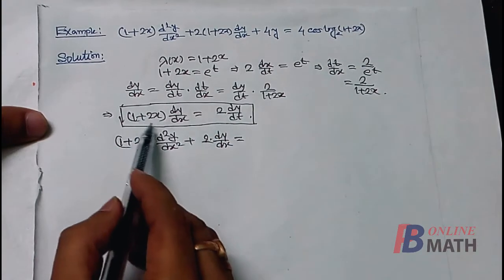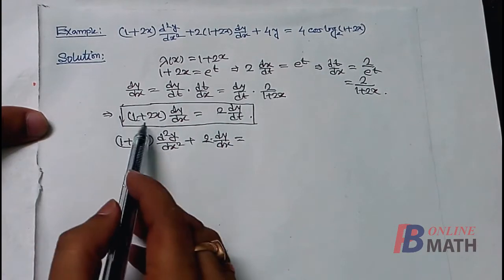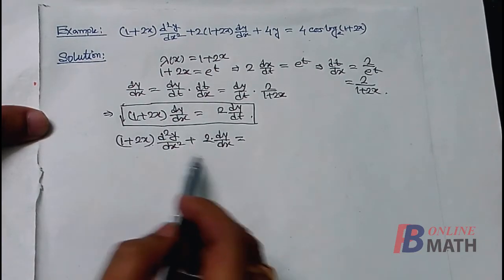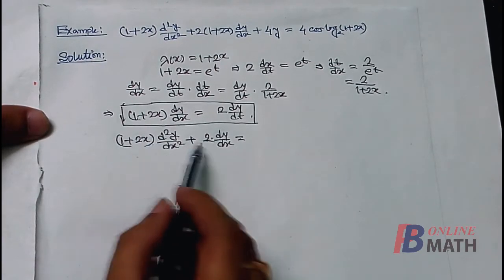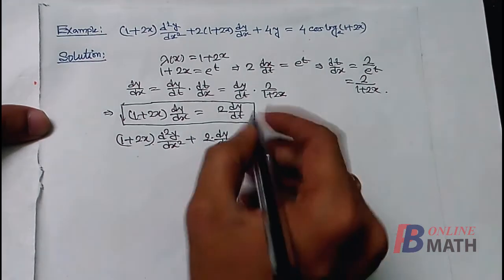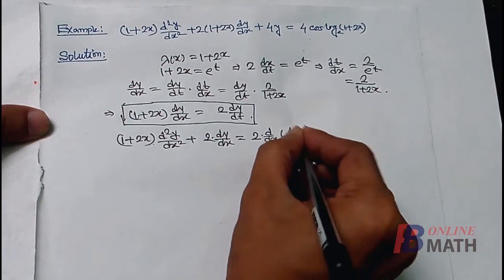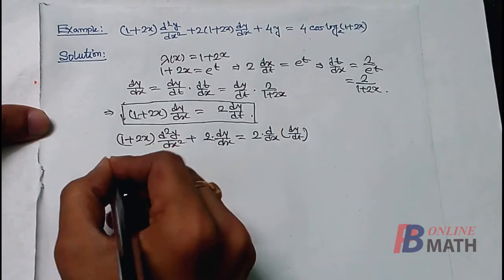if we differentiate this part with respect to x, this is a product of two functions. So after the differentiation it will become 1 plus 2x into d2y dx2 plus 2 into dy dx, and the right hand side, differentiation with respect to x.